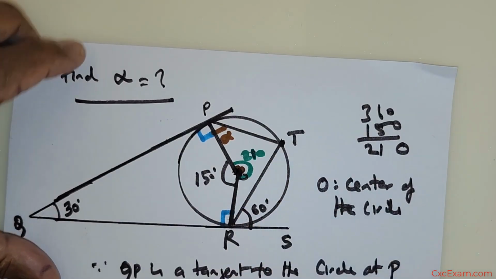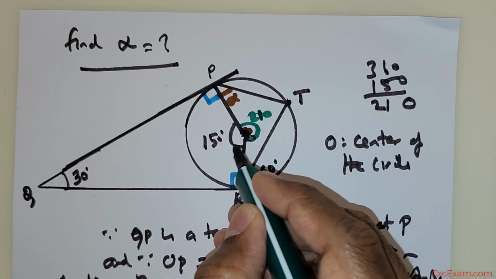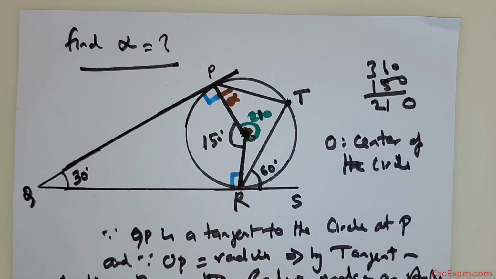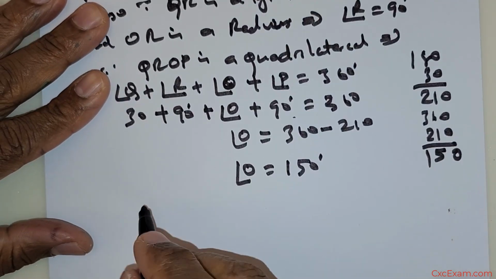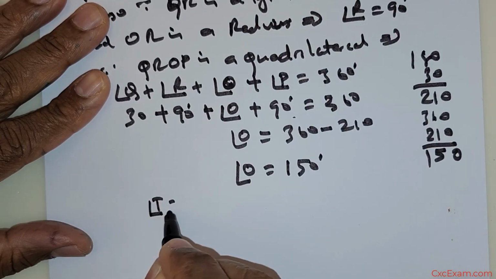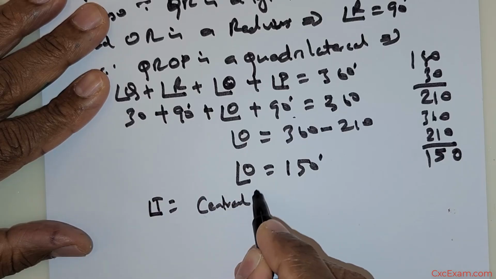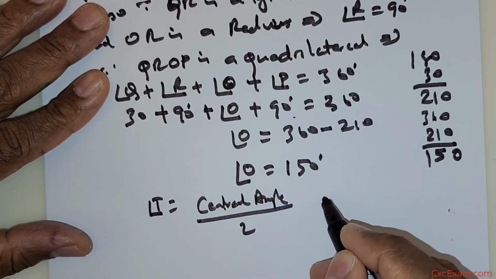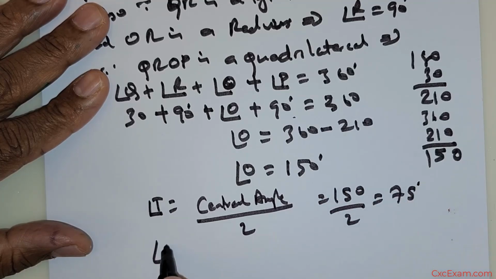Now we need to get the angle at T. The angle at the center is 150 degrees. So I'm going to use that concept. Angle at T is equal to central angle divided by 2, which is 150 divided by 2, which is 75. So angle at T is 75 degrees.